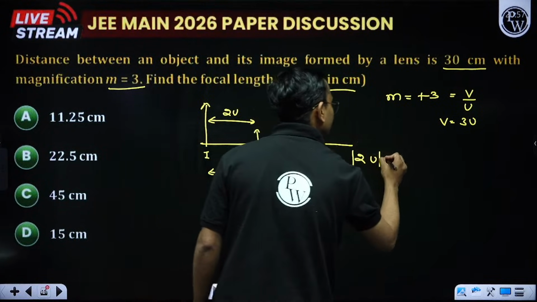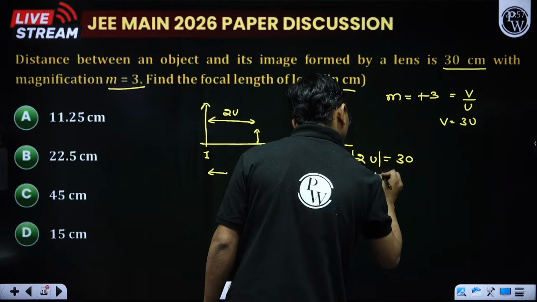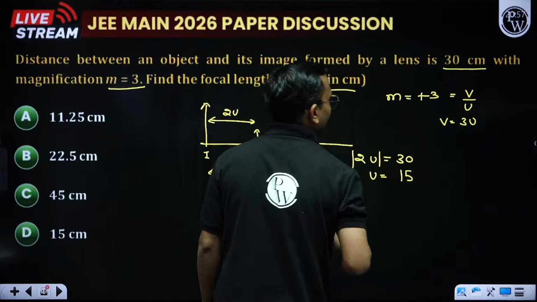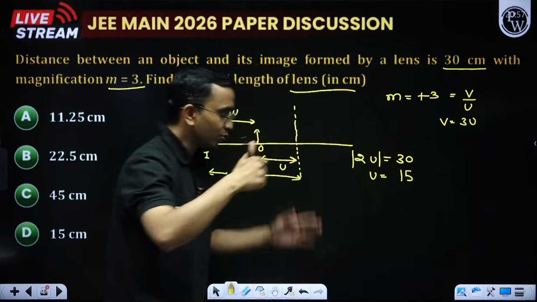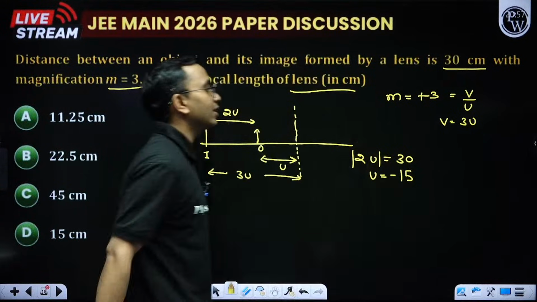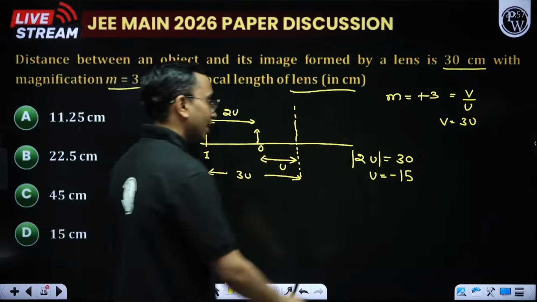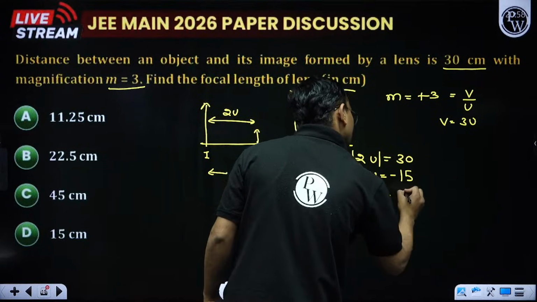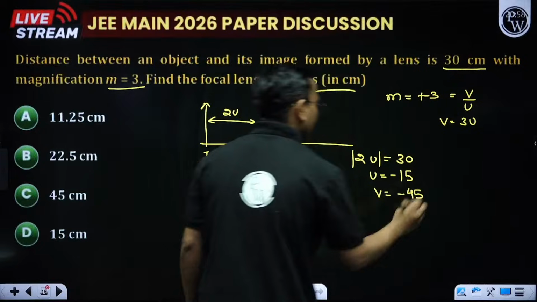2U magnitude is 30. It means my U comes out to be 15, and because U is the distance of the object, we will consider that with sign minus 15. What is V then? V is equal to 3 times U, minus 45.